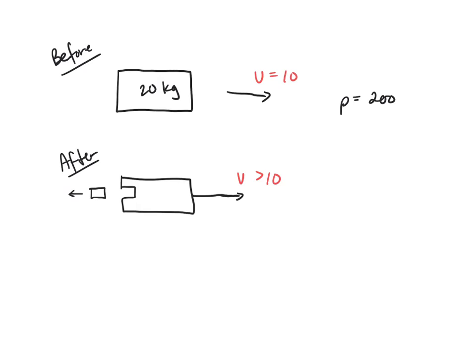Now, let's say that this becomes 19, and let's say this is 1, obviously. Let's say the velocity going back for the projectile with a mass of 1 is 5. And our question is, what is this v? We know it's greater than 10, but what is the velocity of the object now?